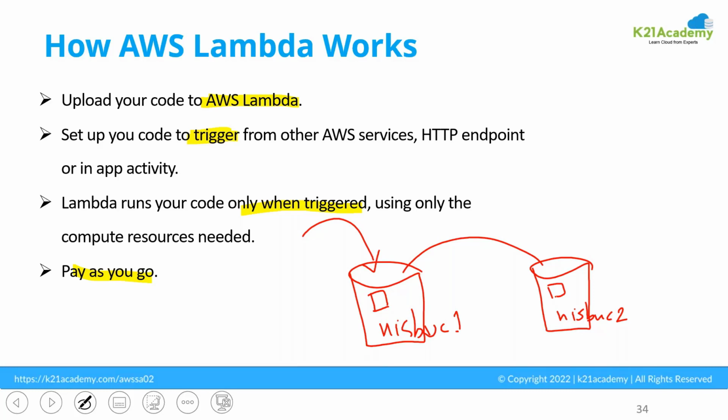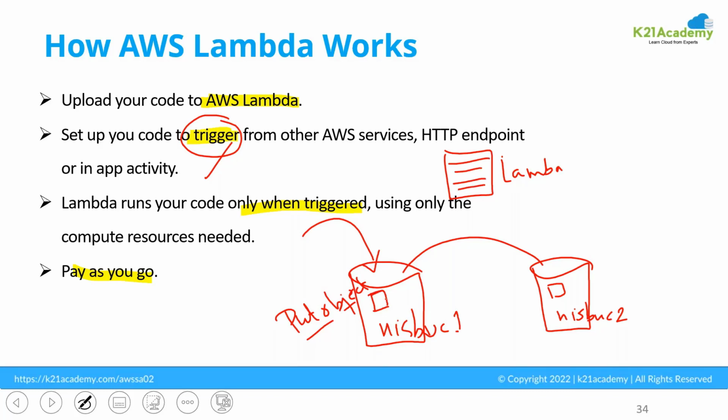Actually, at the back end, Amazon has written a Lambda function, and that Lambda function will get triggered when there is a put object on the bucket. So whenever I put an object inside the bucket, this is a trigger. Trigger to whom? To a Lambda function. And in that Lambda function, I have written a code that copies the object from here and pastes it over here.